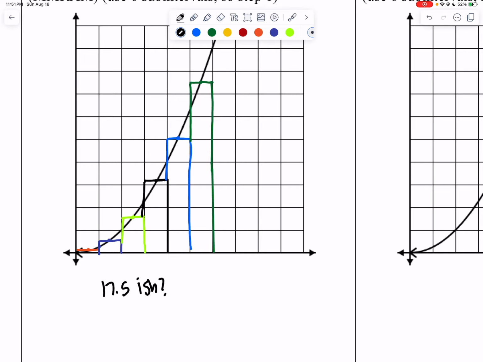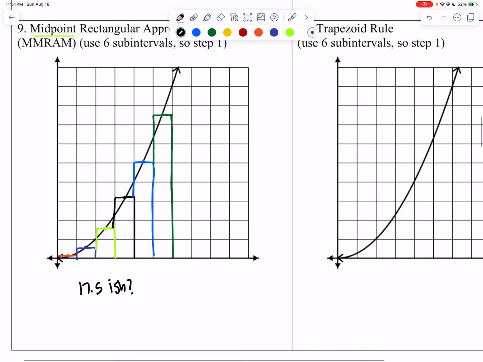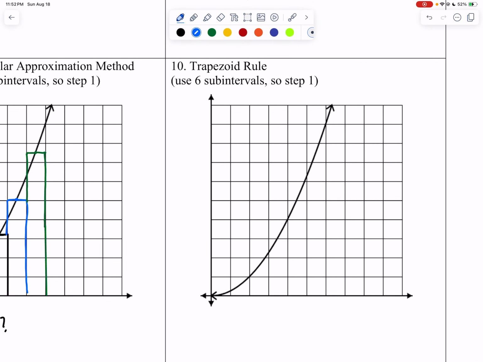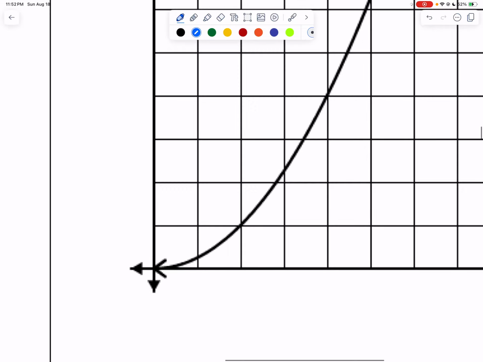All right, so our last approximation for this video in terms of graphs is going to be the trapezoid rule. So a trapezoid rule is me actually making a trapezoid between my two x values.